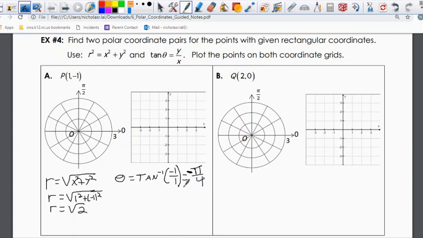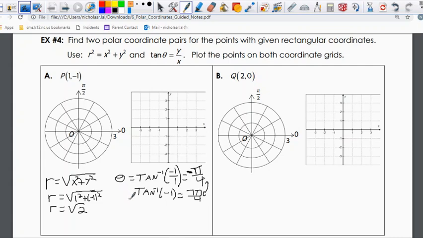If you're confused, note the equivalent: the inverse tangent of negative 1 is going to be equal to 7 pi over 4 as well. And these are equivalent values. 7 pi over 4 and negative pi over 4 are equivalent. They're coterminal.